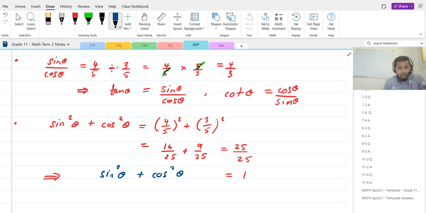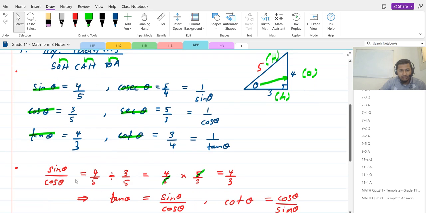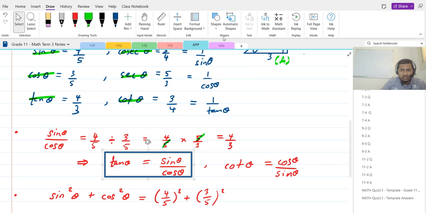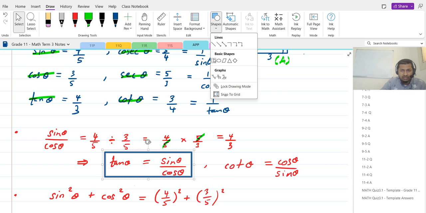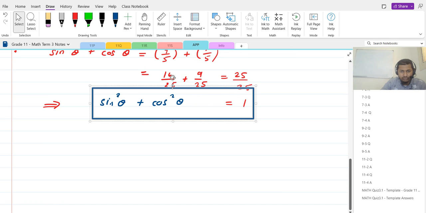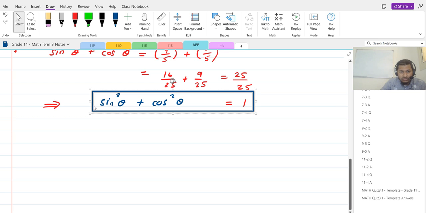So two very important identities come out from here: tan theta is sine theta over cos theta. So we're going to block this off, that's important. And the next one is sine squared plus cos squared is equal to 1. Very important to remember, especially for simplifying trig ratios with division and multiplication and stuff.